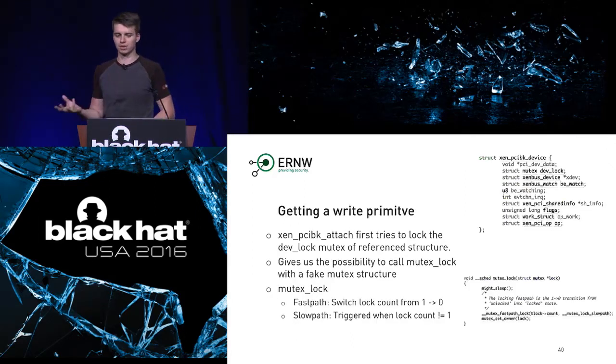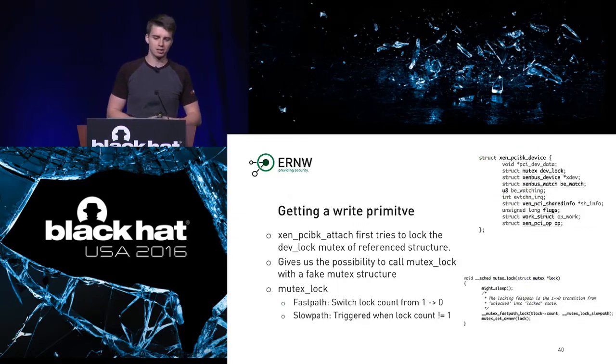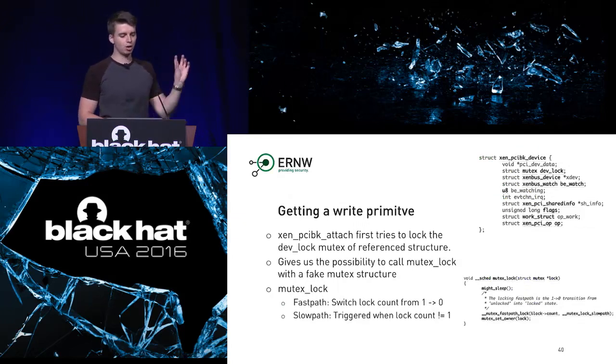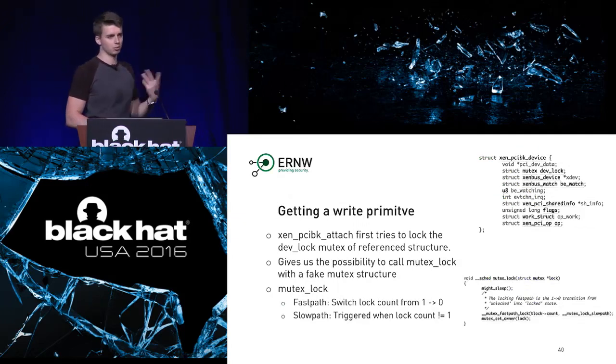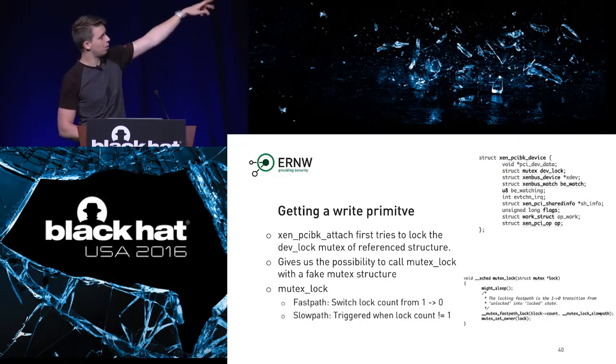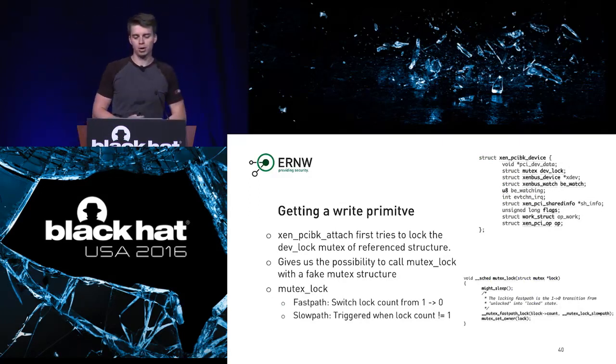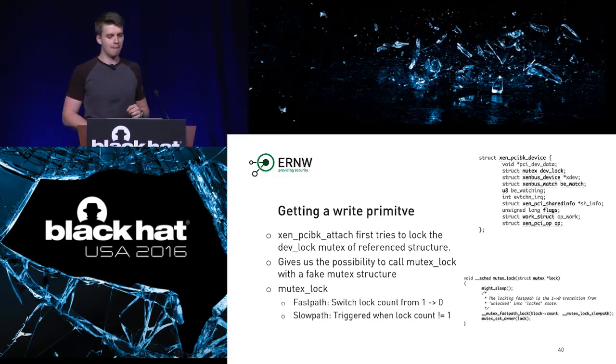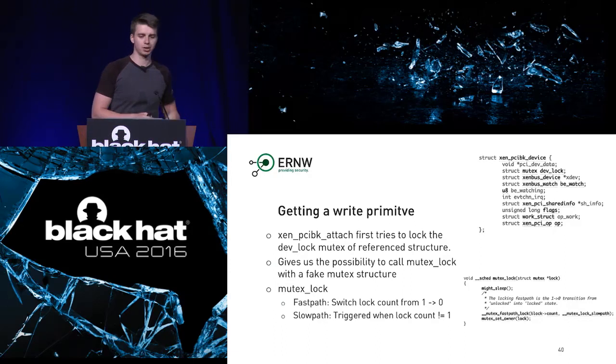The first thing this Xenpwn back attach function does is it tries to lock the dev log mutex of the structure you pass in. So you can see the normal pointer you would normally pass would point to the structure you can see on the upper right, and there's like a mutex in there, and it tries to lock this mutex.